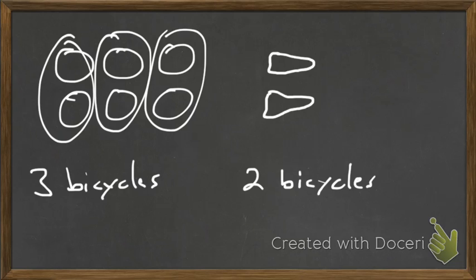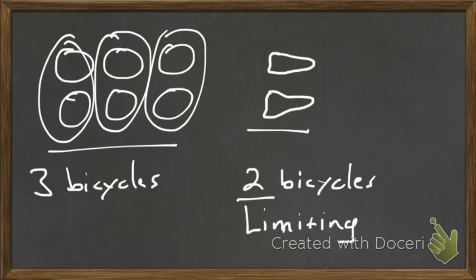Now, from this information, we get 2 important things. First, the bicycle seats are the limiting factor, because they limit how many bicycles we can make. We cannot make 3 bicycles even though we have the tires to do so. We can only make 2 bicycles because the bicycle seats are limiting how many we can make.